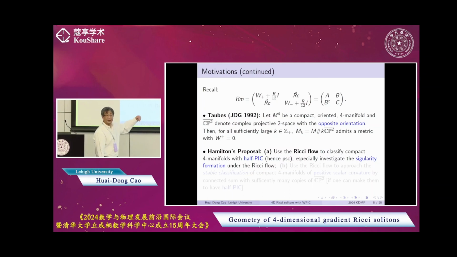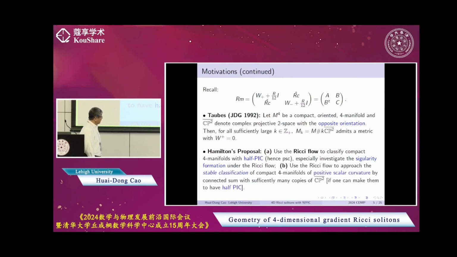The second part is hopefully to use the Ricci flow to approach the so-called stable classification of compact four manifolds with positive scalar curvature. And that means if you can, by connecting many copies of CP2, make them, say, have half PIC.